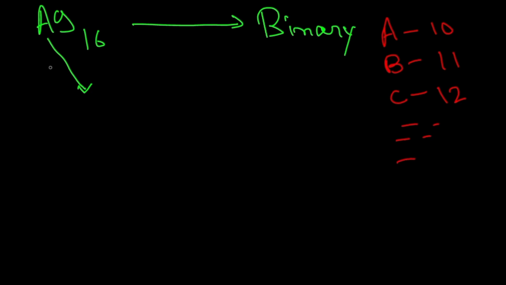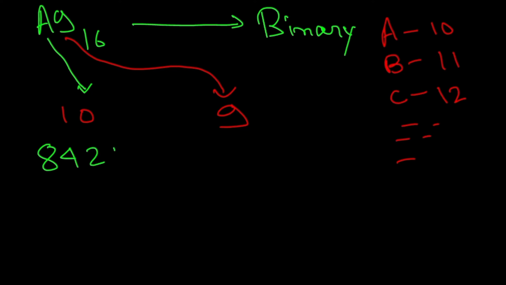So according to this, A will be converted into 10 and 9 we will write as it is. Now one more thing to remember, that is 8421, which we are going to use with these numbers 10 and 9.